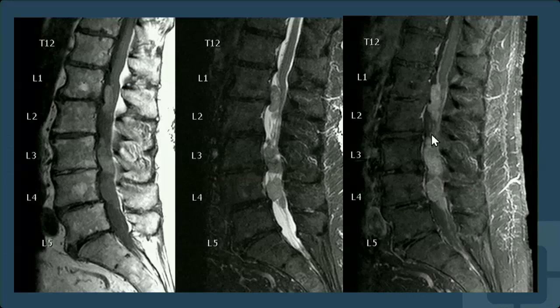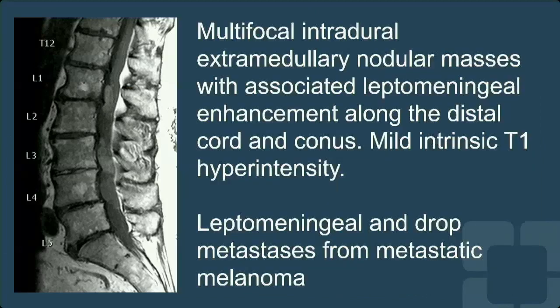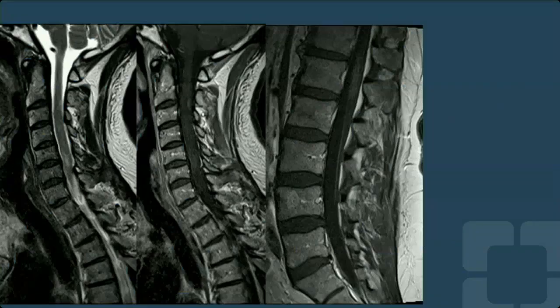This is metastatic disease from metastatic melanoma. So another reason why the signal characteristics are really important for us, because we can say there is melanin in here, and it was actually confirmed to be metastatic melanoma.